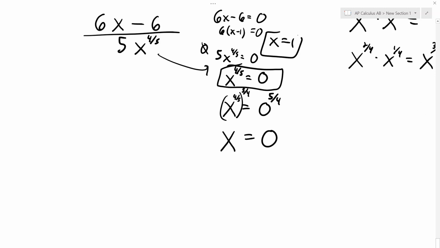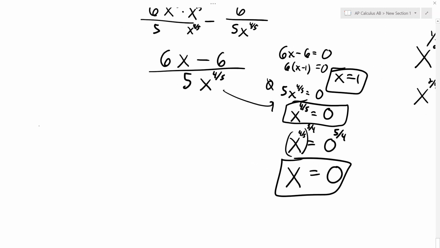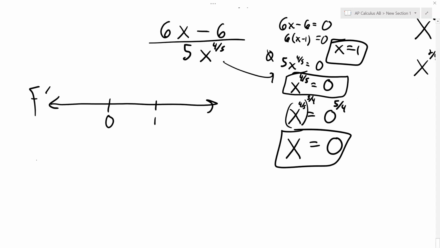But there's two numbers, 1 and 0, going on my number line. So my f prime number line has 0 and 1. Okay? If we plug in a negative number, like -2, let's do this together. If I plug in -2, which is back here, I'm going to get 6 times -2 minus 6.